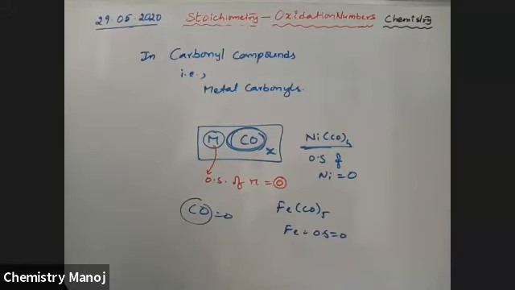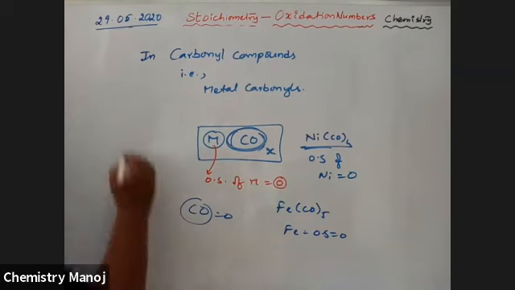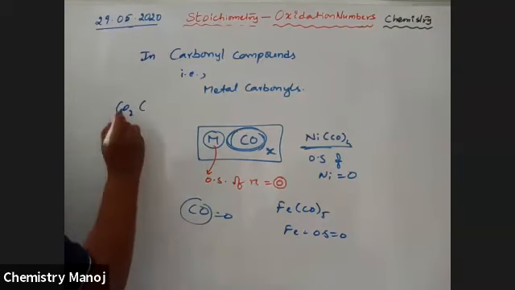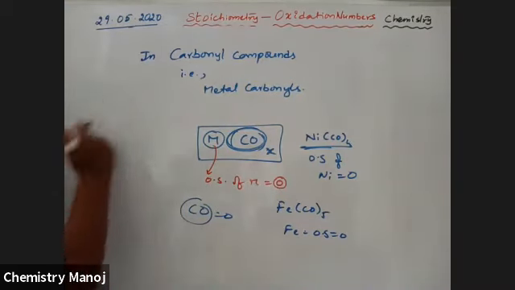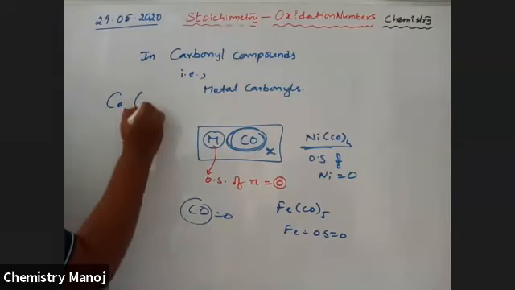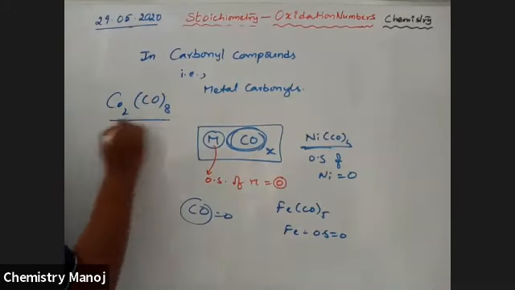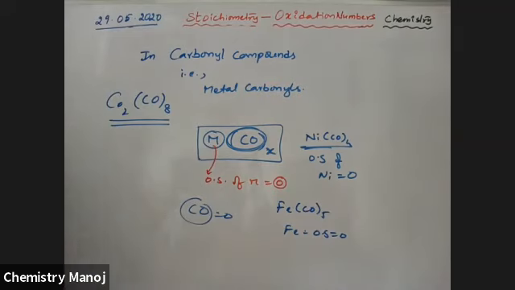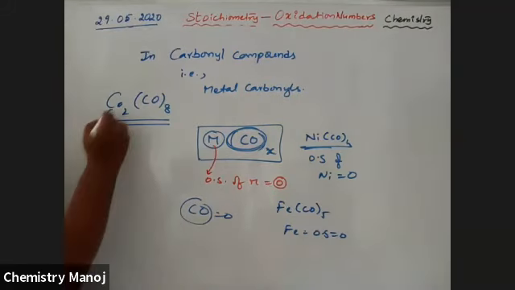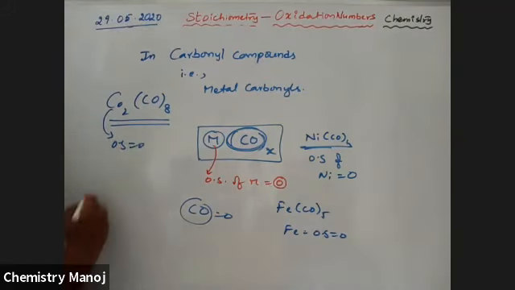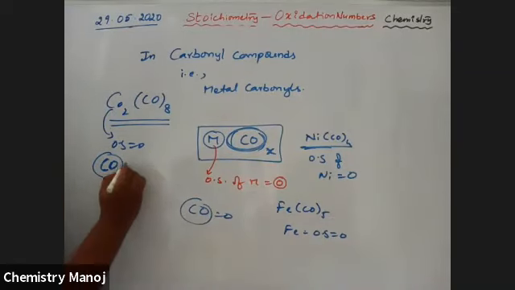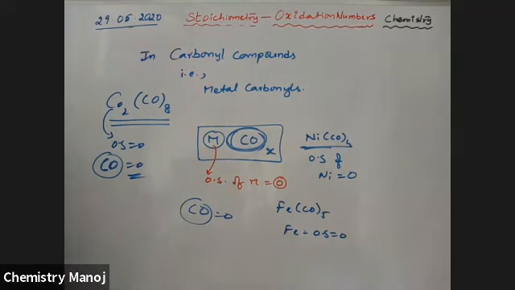Okay. So carbonyl compounds, that is Co2(CO)8, cobalt 2 times, CO 8 times. Here, cobalt oxidation state is equal to 0. Carbon monoxide, its oxidation state is equal to 0.